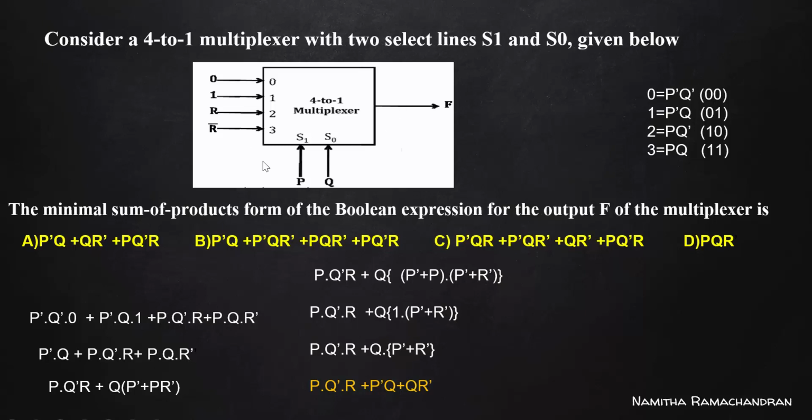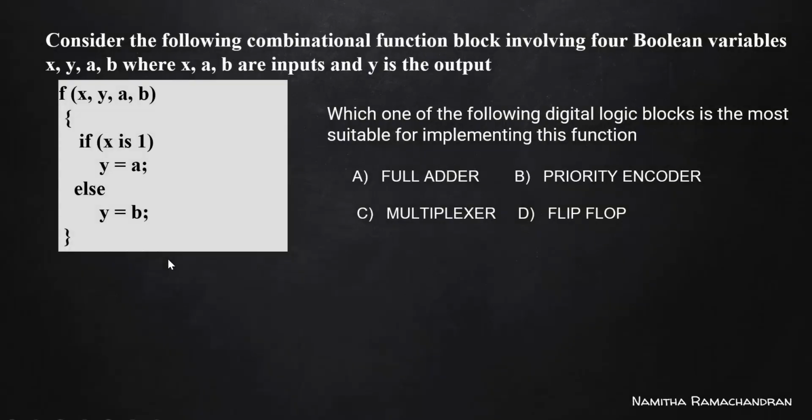After generating the detailed expansion for this output function f, try to simplify it so that the simplified form matches one of the given options. After the simplification, the generated form matches option A, so A is the right answer.